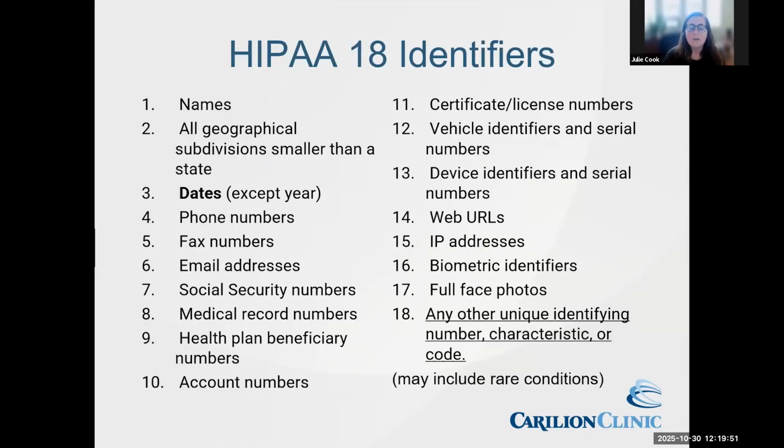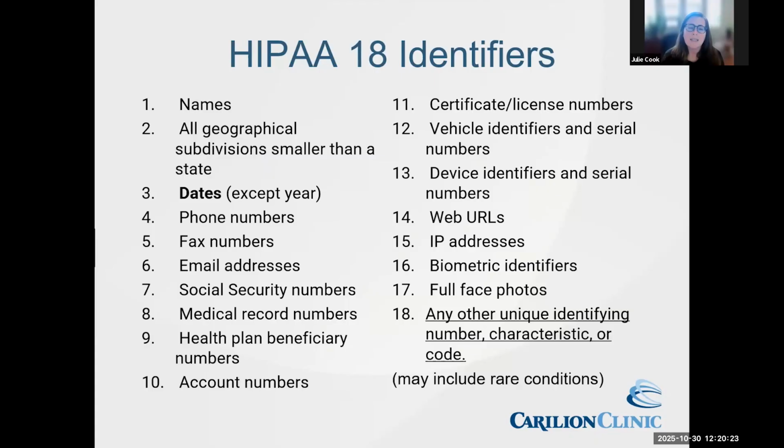Other things that researchers often want to answer research questions are locations of individuals, like these participants were from this location, tended to have a higher frequency of these symptoms. So location is often really important to answer research questions. But you need to note here that number 2, all geographical subdivisions smaller than a state, like location, that itself is considered an identifier.